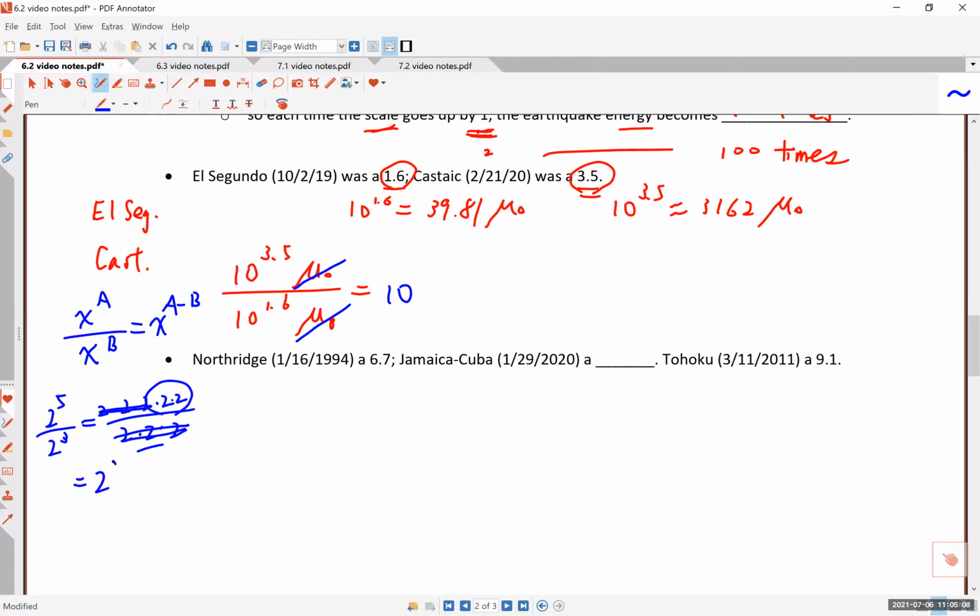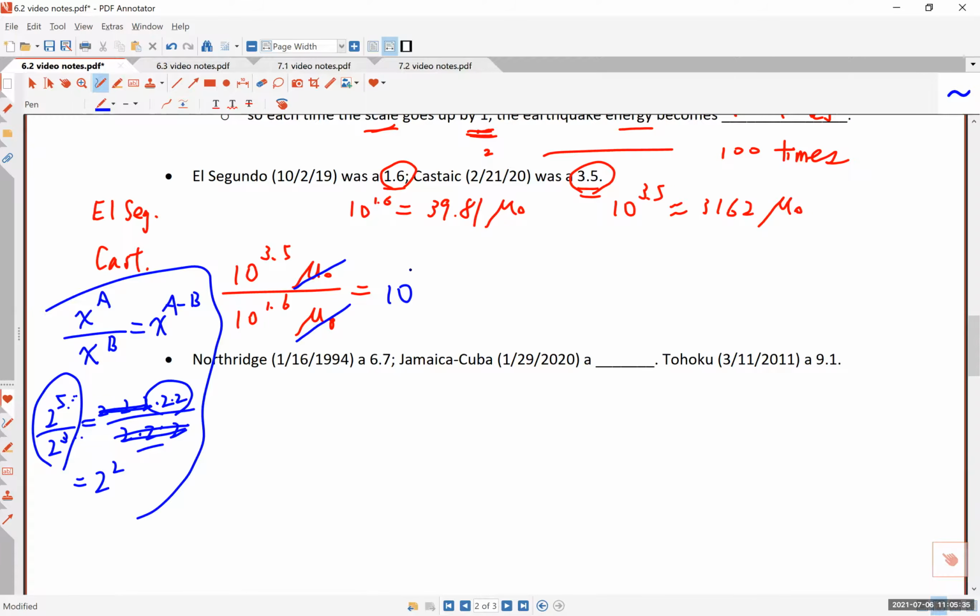And of course, that's 2 squared. So the exponents work this way. When you divide an exponential expression by another exponential expression with the same base, it turns out the division can be done by subtracting the top exponent minus the bottom exponent.